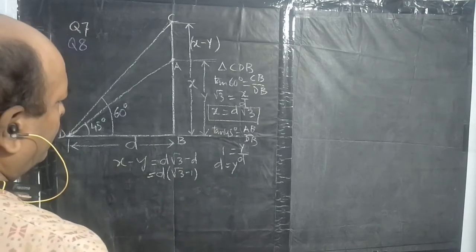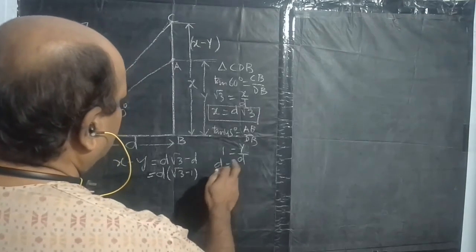Now, finally, what is D? D is equal to Y.